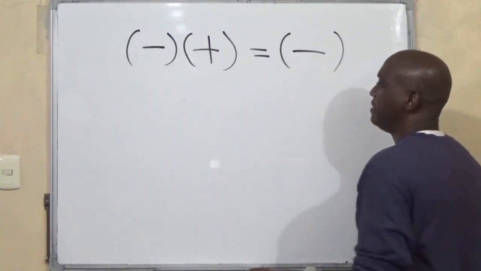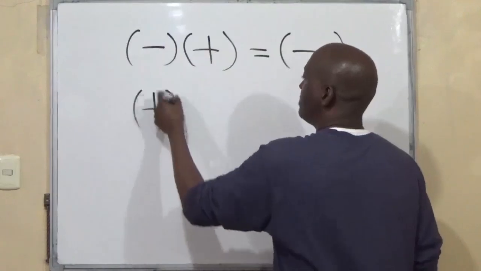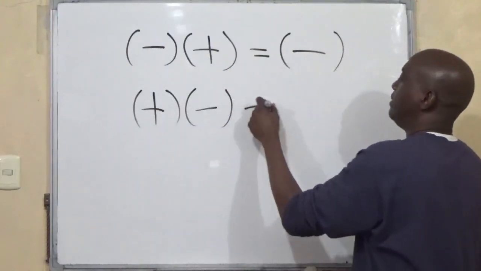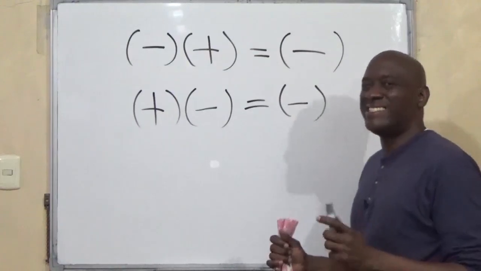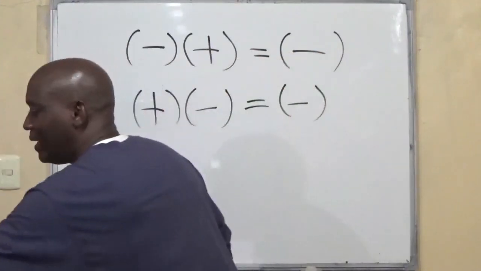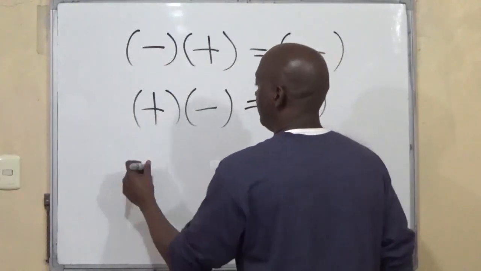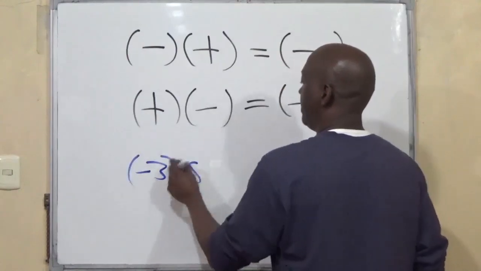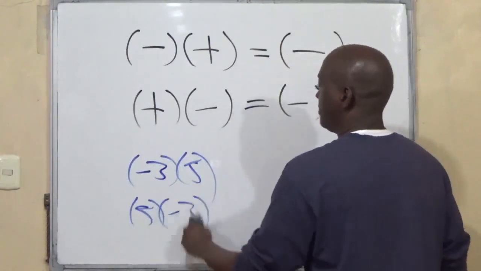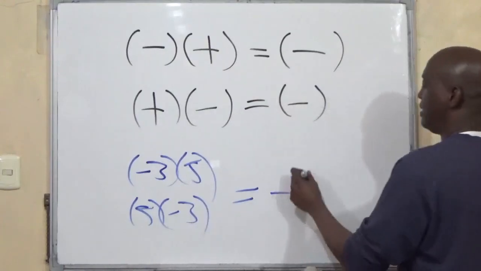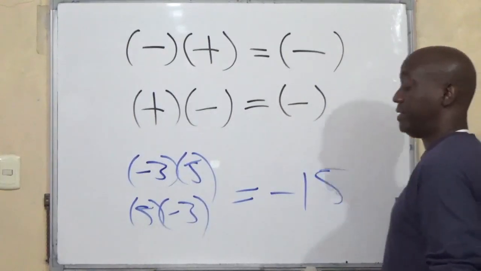And it applies in reverse. If you're multiplying a positive number by a negative number, the answer is still a negative number. So it does not matter whether you're multiplying minus 3 by 5 or 5 by minus 3. In both cases, the answer is minus 15.